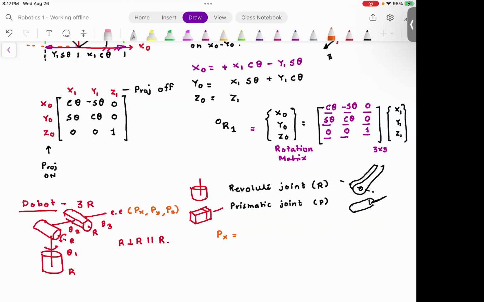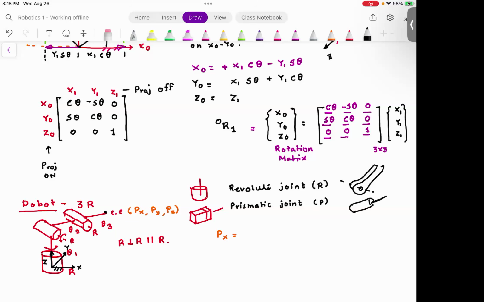Now this position will be expressed in the inertial or the fixed coordinate frame. So you are going to have a coordinate frame, and we'll talk about it at length in the next class. But say you have a coordinate frame where this is Z, this is X, this is Y. Px means the distance between the end effector and the origin of the frame in the X direction.